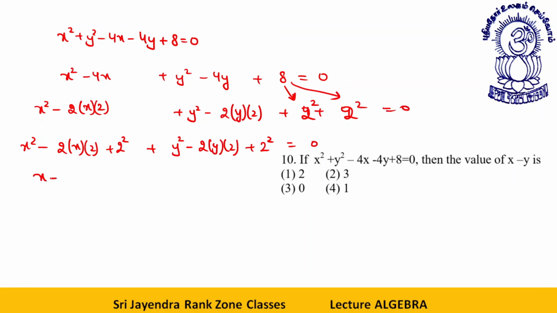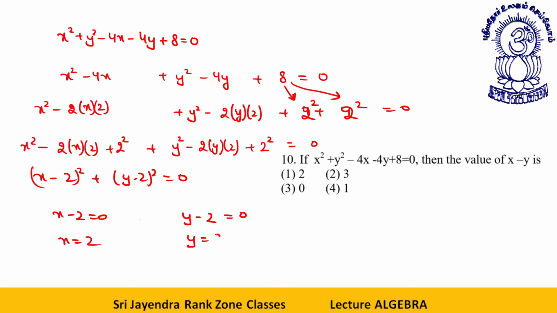So what I am left with is (x minus 2) square plus (y minus 2) square is equal to 0. As I told you, the sum of two squares is 0. This implies x minus 2 is equal to 0 and y minus 2 is equal to 0. That is, x is equal to 2 and y is equal to 2. This you must have got it, dear students.